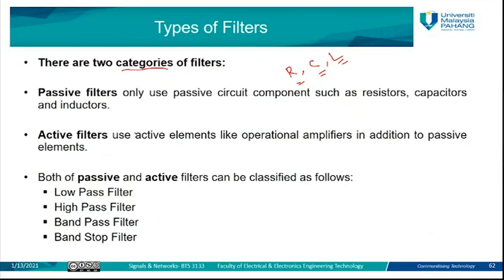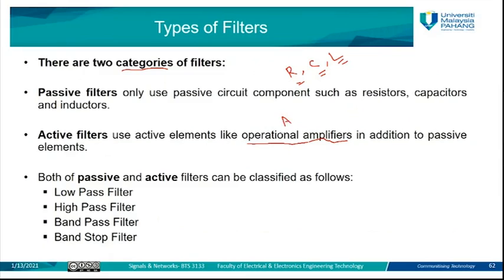The second type, we call the active filters. So the active filters here have some active elements. Active element means an element which can produce or can have an impact on the value of the voltage, the value of the current, and so on, like the operational amplifier. As you studied in the electronics course, the operational amplifier, for example, is an active element. So when you connect the operational amplifier with the voltage source, this operational amplifier has a gain value.